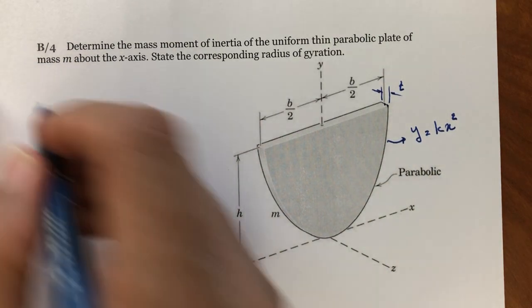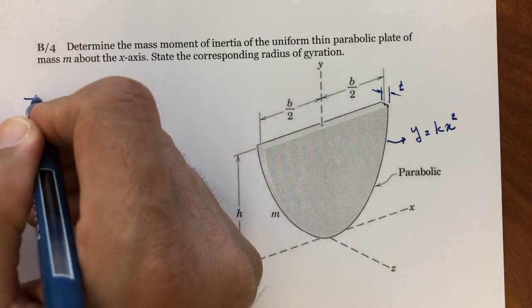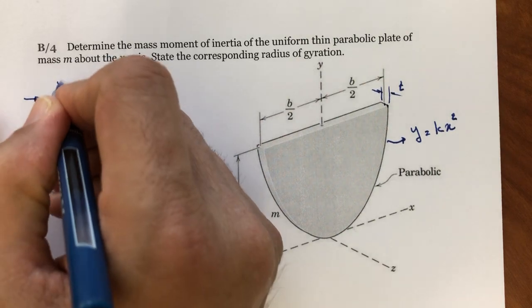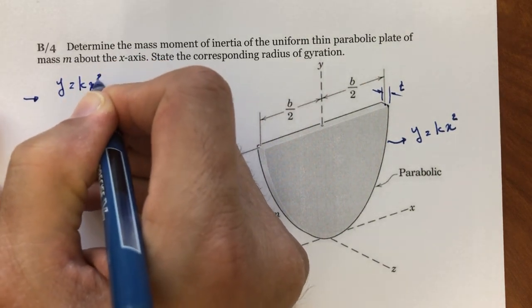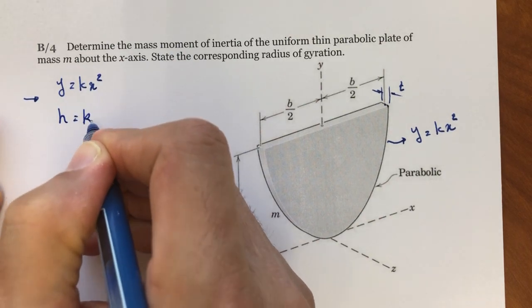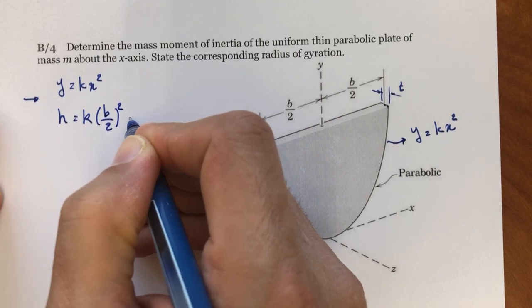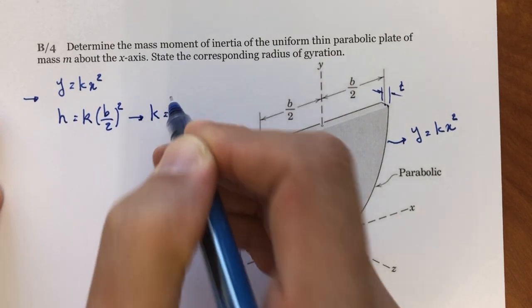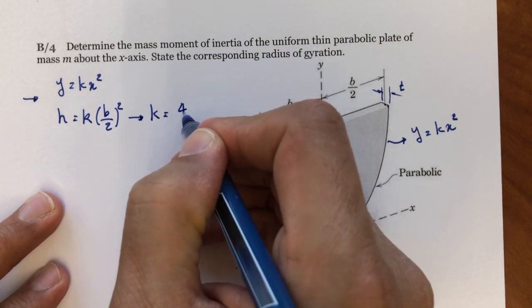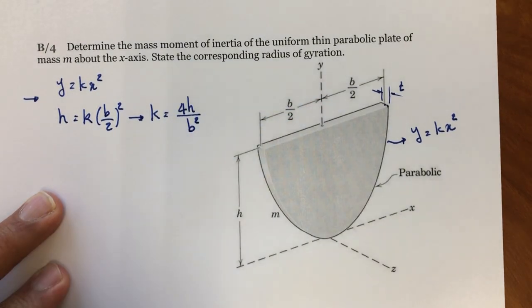So let's do that first, because we are going to need the equation of this line later. y is equal to k times x squared, and so h is going to be equal to k times (b over 2) squared, or k is going to be equal to 4h divided by b squared.